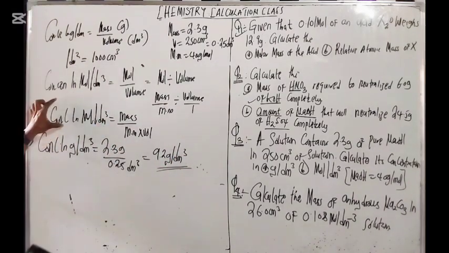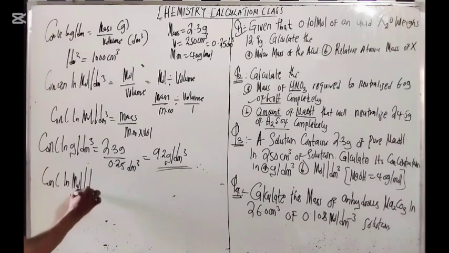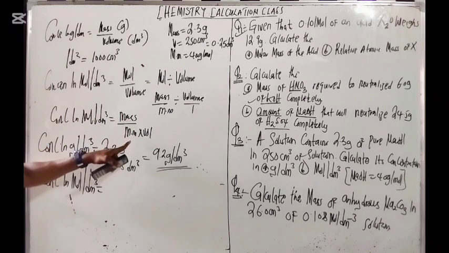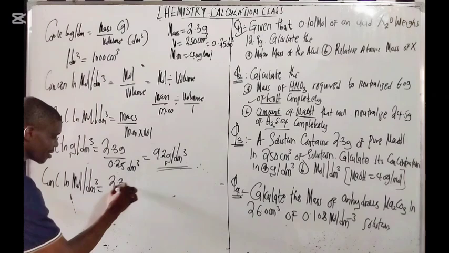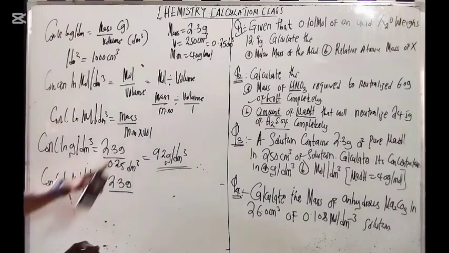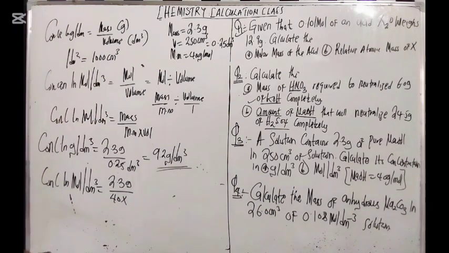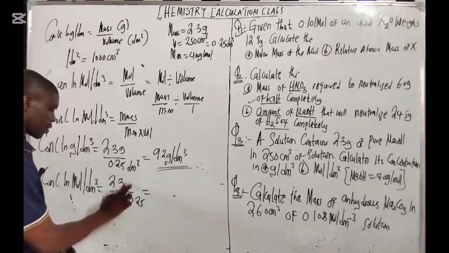Now let's calculate the concentration in mole per dm cube. Concentration in mole per dm cube is equal to mass over molar mass times volume. So my mass is 2.3 gram over my molar mass, which is 40, times my volume, which is 0.25.